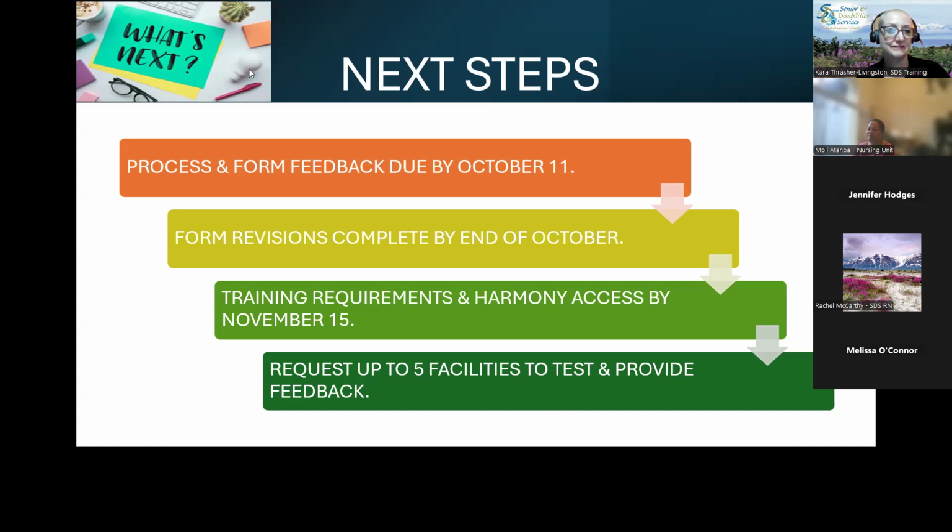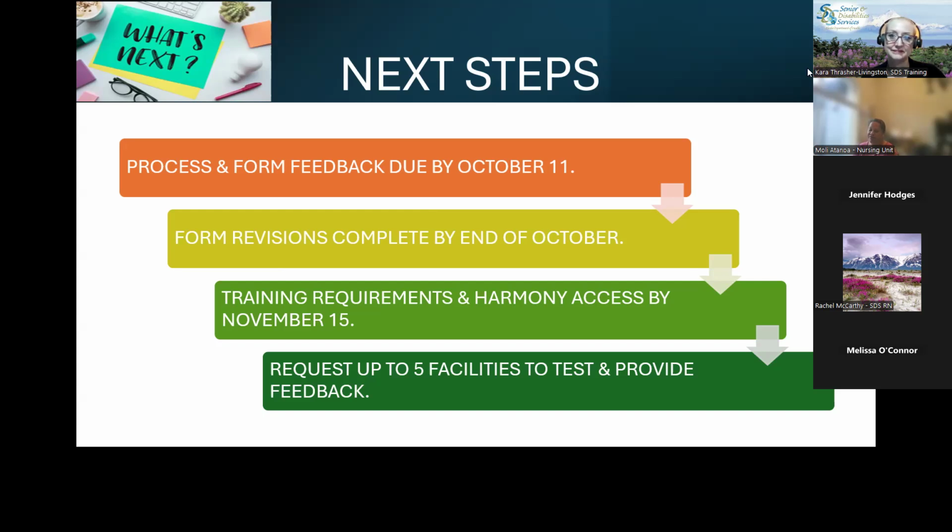We also will be developing more training resources for you. So we hope to get that up and running by mid-November.